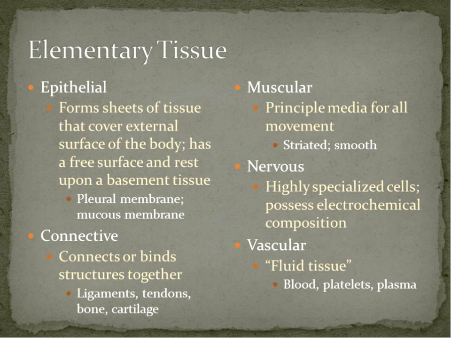Okay, let's look at different types of tissue that we will talk about when I'm describing different anatomical parts. Epithelium are sheets of tissue that typically cover external surfaces of the body or external surfaces of anatomical parts.